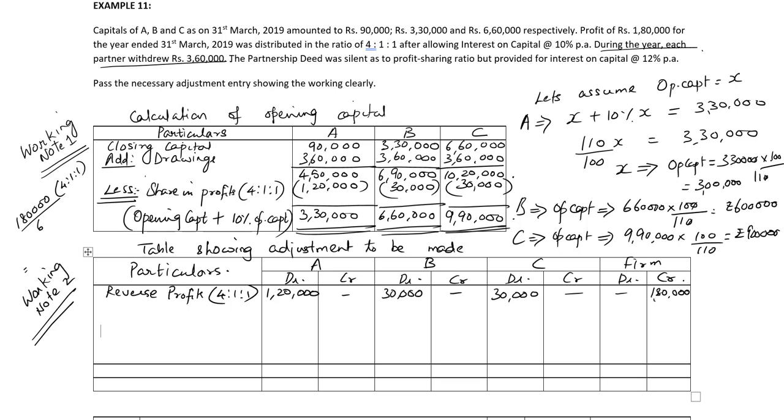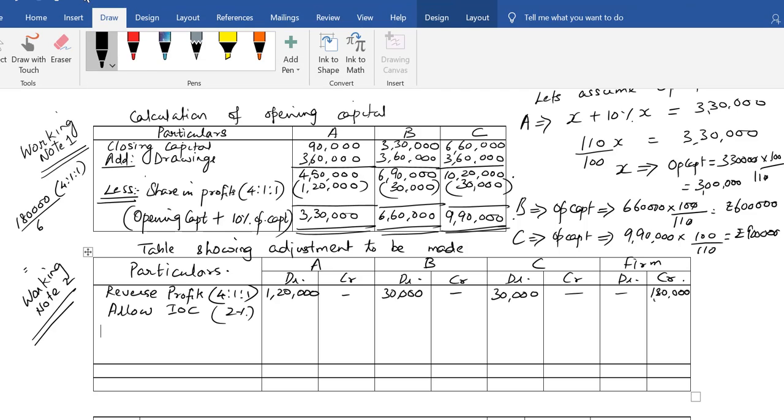Now, interest on capital at 10% has already been allowed. The correct rate is 12%. So we will allow 2% IOC. We need to apply the 2% IOC on the opening capitals of the partners.